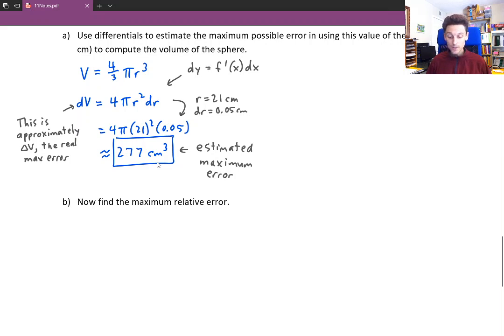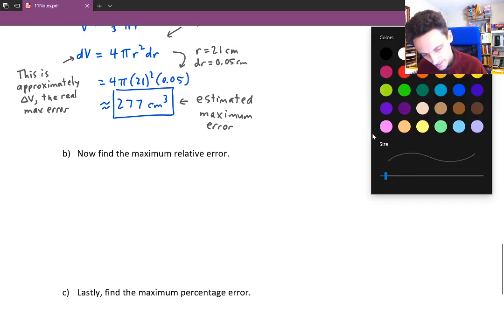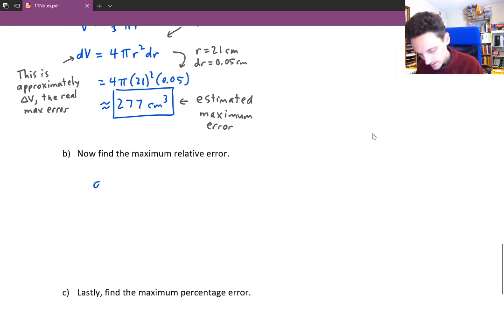So what we could do is make that change in volume relative to the volume itself. We'll take the dV and divide it by V. We'll take the estimated change in the volume and divide it by the volume.